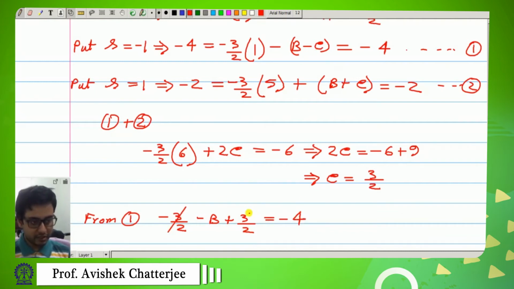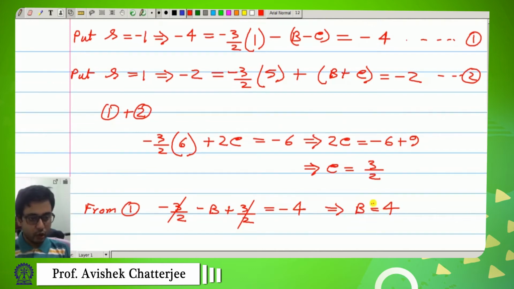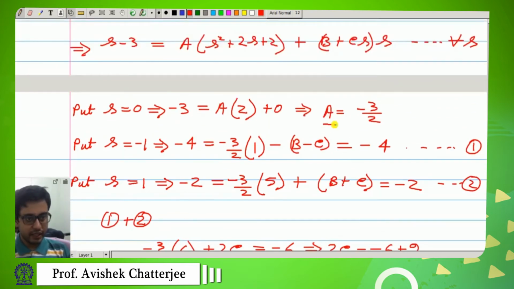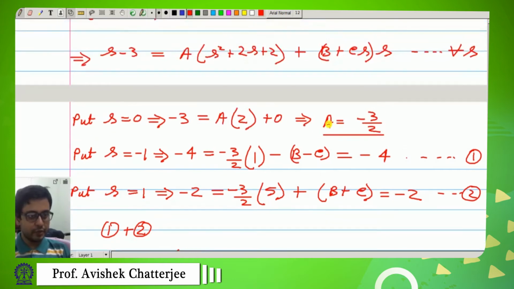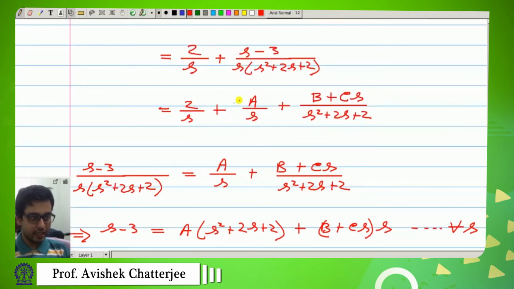So minus plus cancels. This implies b equal to 4 if my calculations are correct. Okay, so we have got b equal to 4, c equal to 3 by 2, and a equal to minus 3 by 2. So let me put these values here.